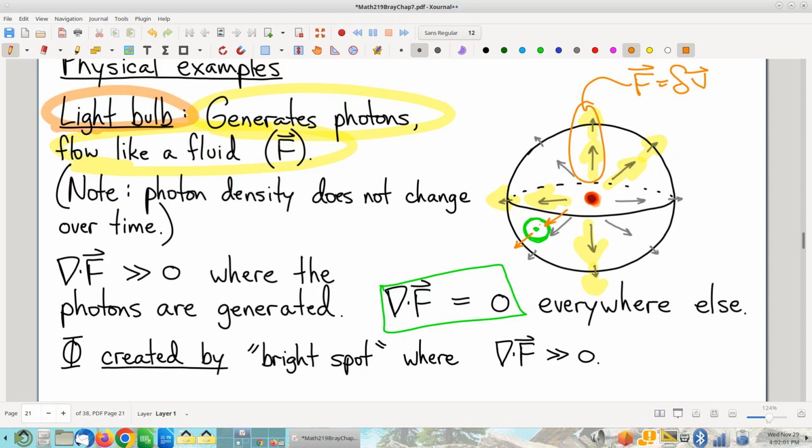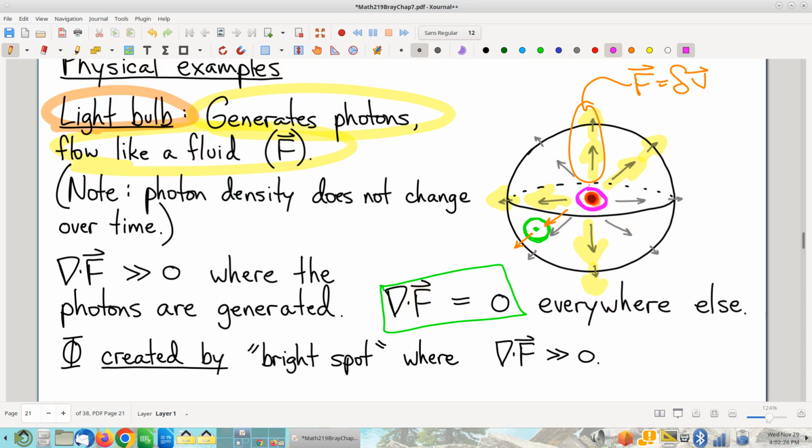Yeah, right. Okay, now let's talk about a different little sphere. Let's talk about this little sphere here. Teeny tiny little sphere, but this time going around the LED. Let's talk about the flux through this purple sphere.